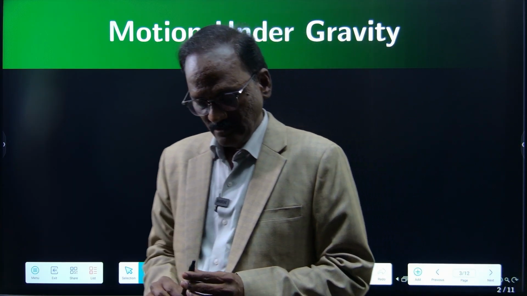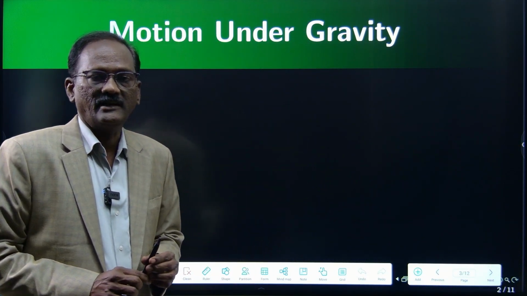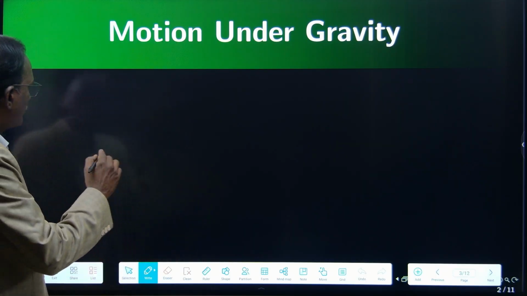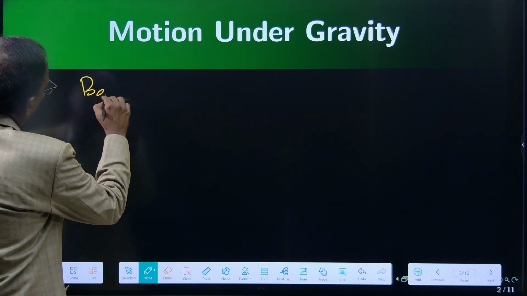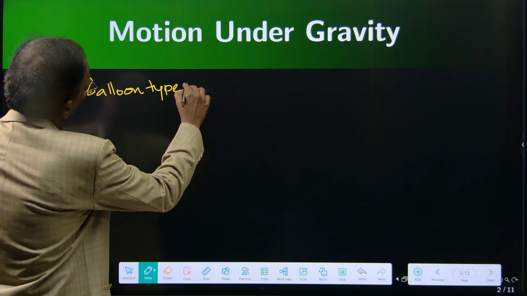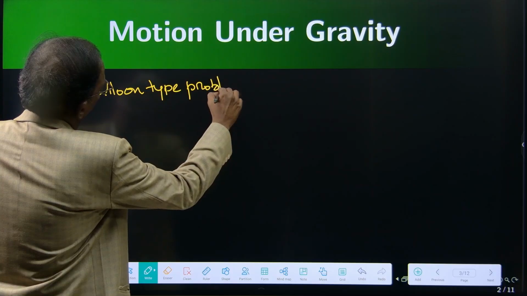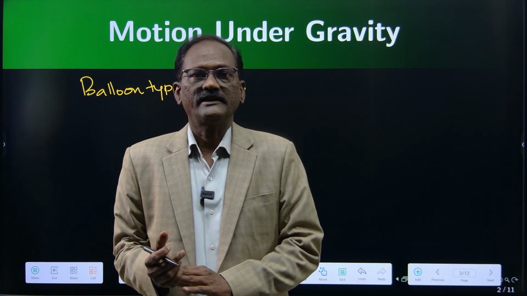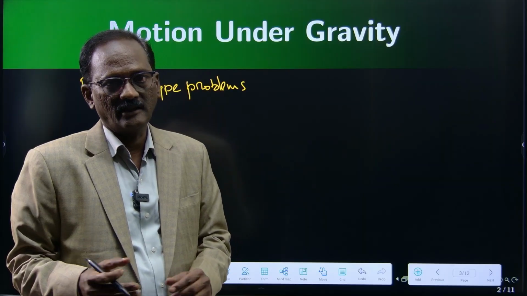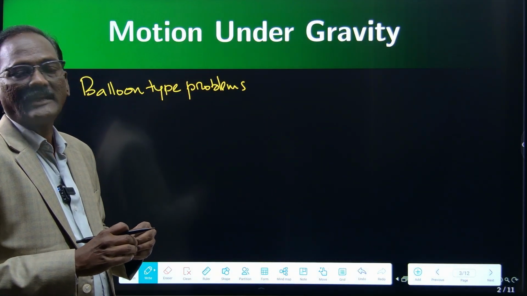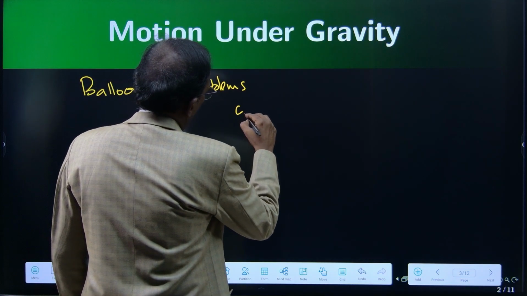In this class on motion under gravity, we are going to consider balloon type problems only. You know, gas balloons, either helium or hydrogen, are used to float in the air, right? They have their own acceleration or constant velocity.